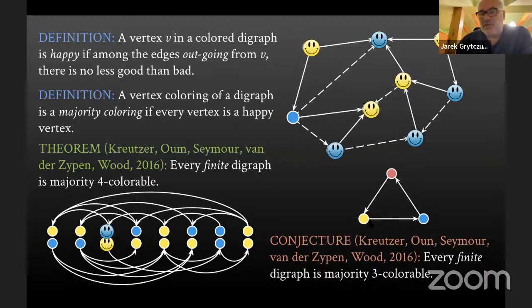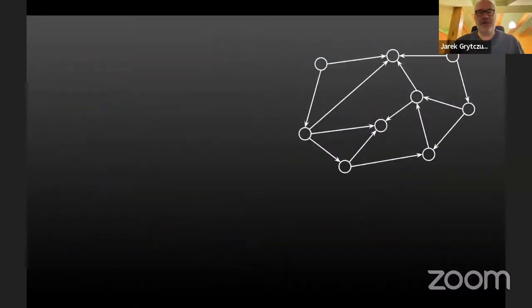By the same argument, the out-degree is 1, so every out-neighbor must be in a different color. So by this cyclicity, we need 3 colors to make every vertex happy. This is a very nice conjecture, and we are trying to prove it, and other people also try to prove it, and so far it is open. But something is known.